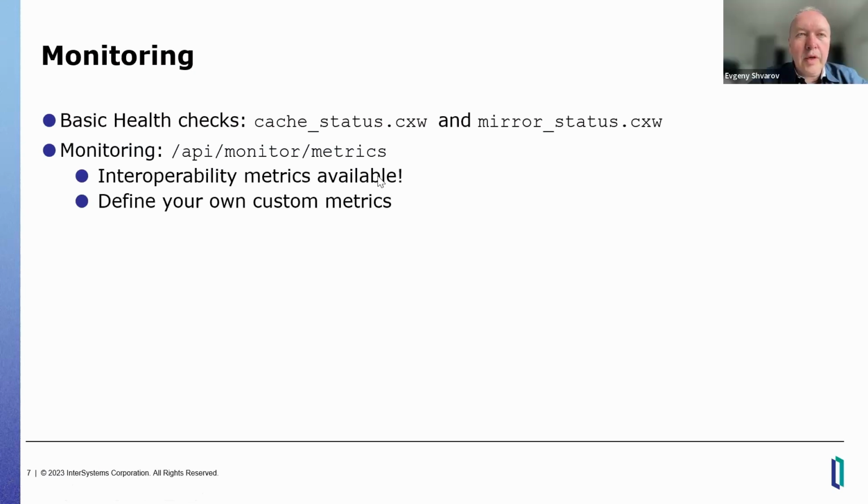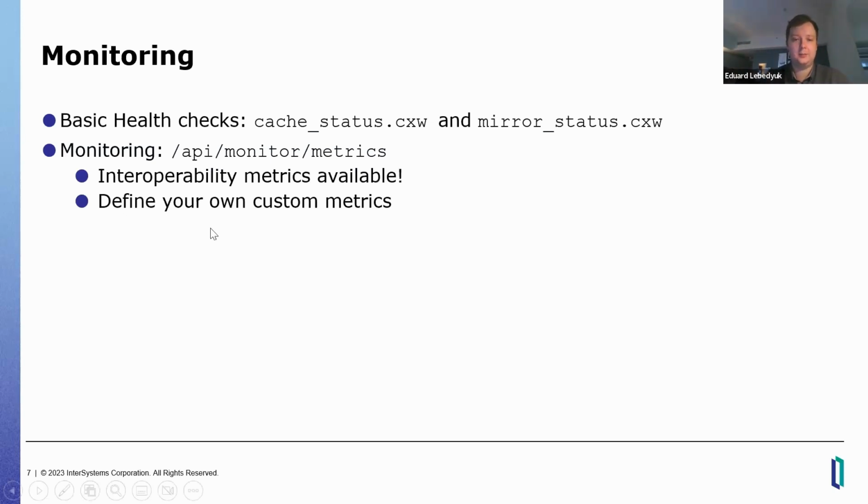And do we have any examples on Open Exchange or documentation? I don't think I have an example on Open Exchange, but in documentation we definitely have an example. Yes, it is the same as the old sysmon metrics. So that is actually just a REST interface to them.